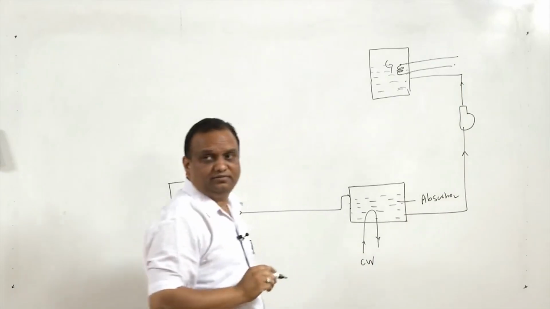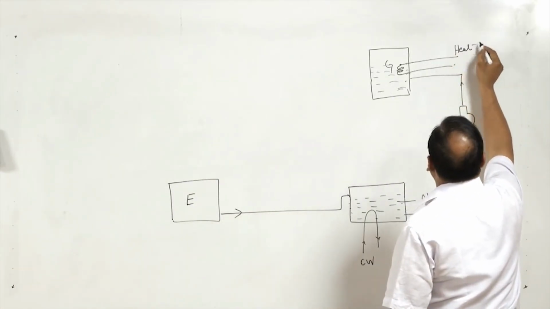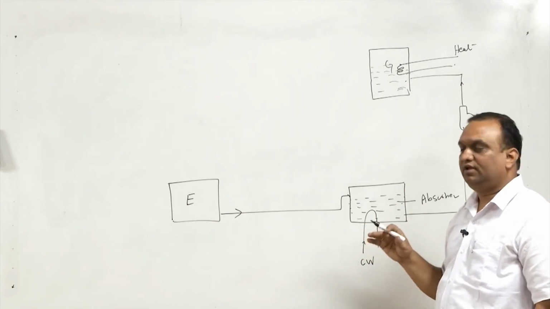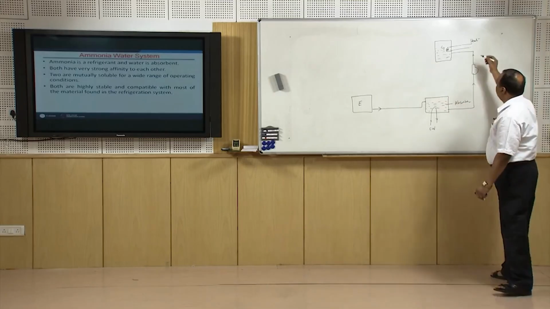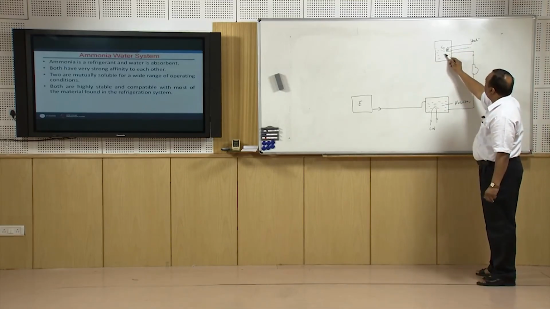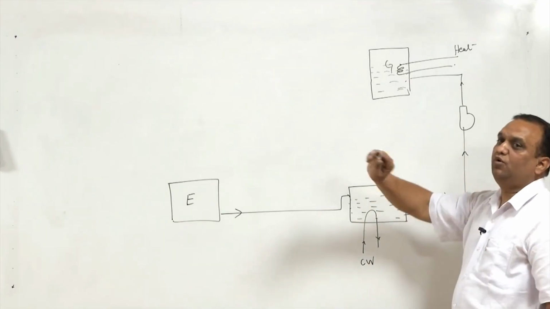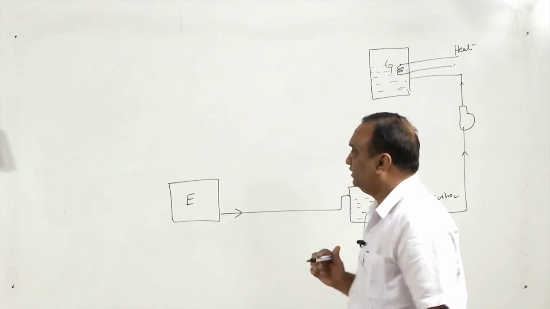Now, this heat may be a waste heat, or heat from a back pressure turbine, or waste heat of any process, some waste heat from the gas turbine, any waste heat will do. This waste heat heats the mixture in the generator and ammonia is liberated, and in fact it has traces of water also.